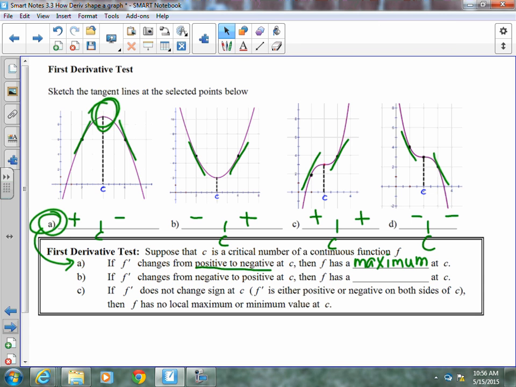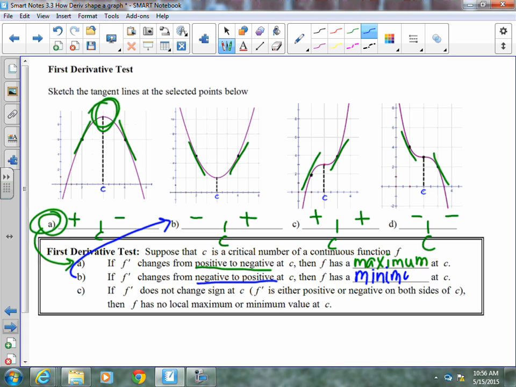For B, when it changes from negative to positive, like it does here, we know that it has a minimum. Now, C pertains to C and D. If there is not a sign change, then there is not a local max or a local min at C.